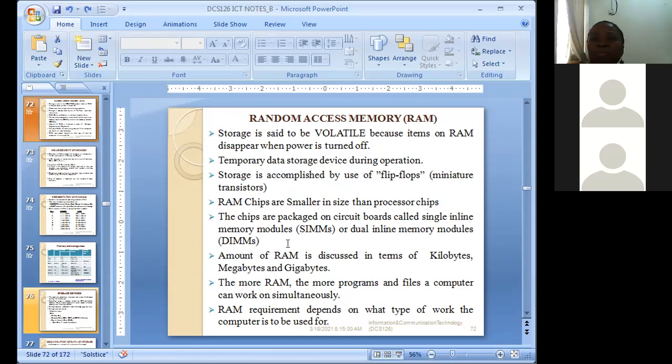Now, because RAM is made available to you, remember where we are coming from. The slide where I took time to explain that diagram, the flow and all of that, I kept on mentioning that internal memory is used to store data and instruction temporarily. The temporariness means only while your system is on, only while you are working.